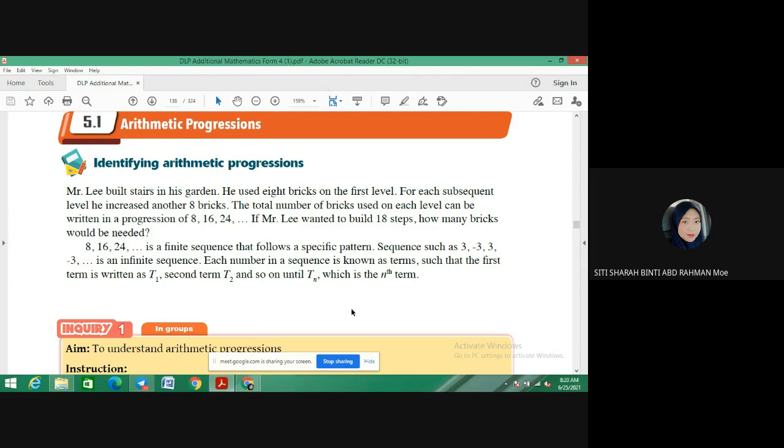Next, in progression, we have two types: arithmetic progression, and another one is geometric progression.